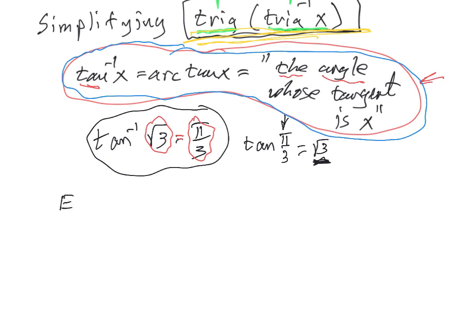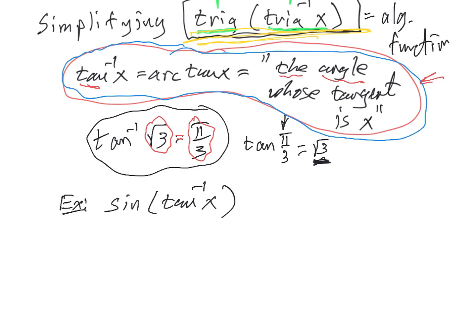I'm going to take the sine of the inverse tangent of x, and I want to simplify it. It turns out that a trig function composed with an inverse trig function is not a trig function. In fact, it's an algebraic function, and what I'm doing now is showing you how to find that algebraic function.